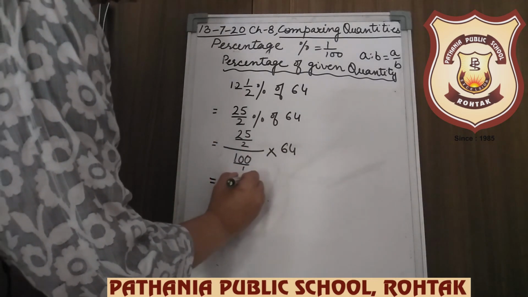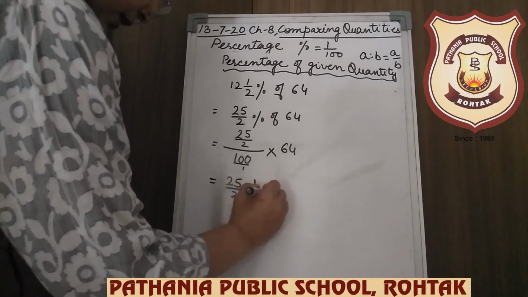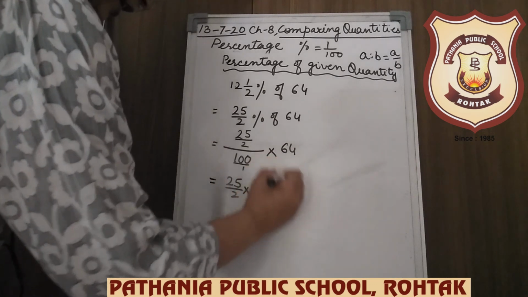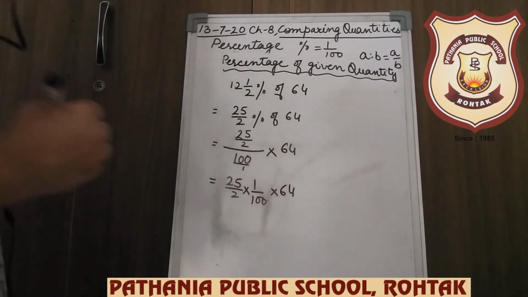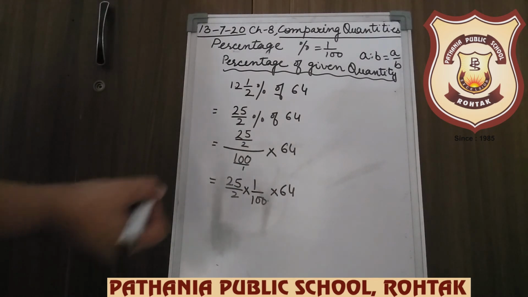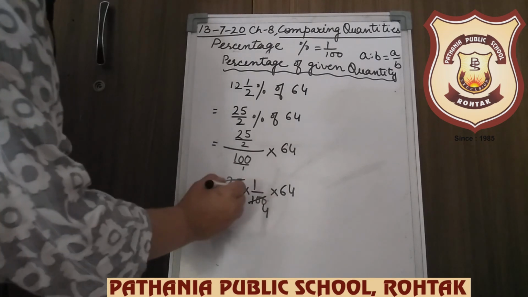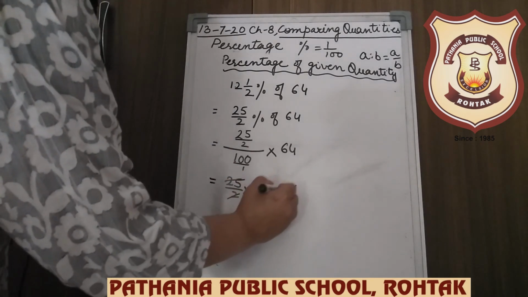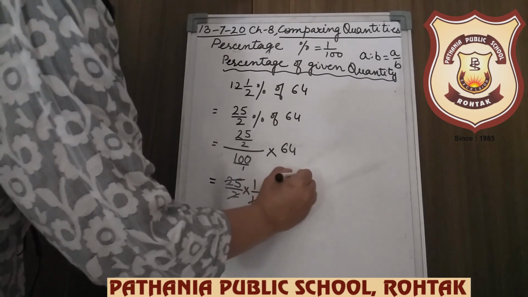Now I'll take the reciprocal of 100, means 1 is there. So 25 upon 2 multiplied by 1 upon 100 multiplied by 64. And now reduce. 25 4s are 100, 2 32s are 64, and 4 8s are 32.